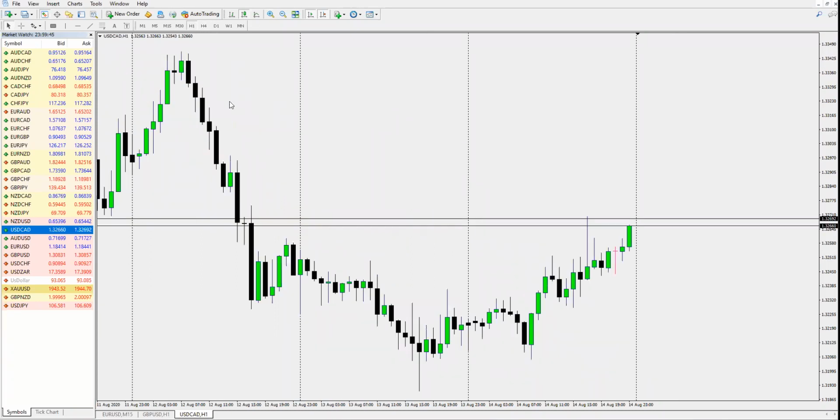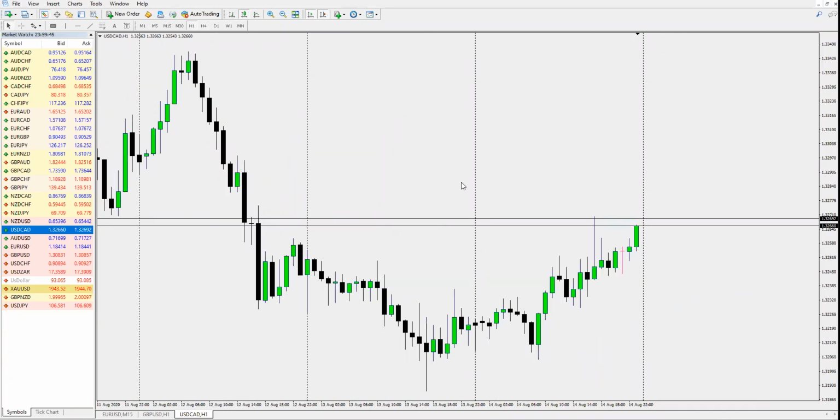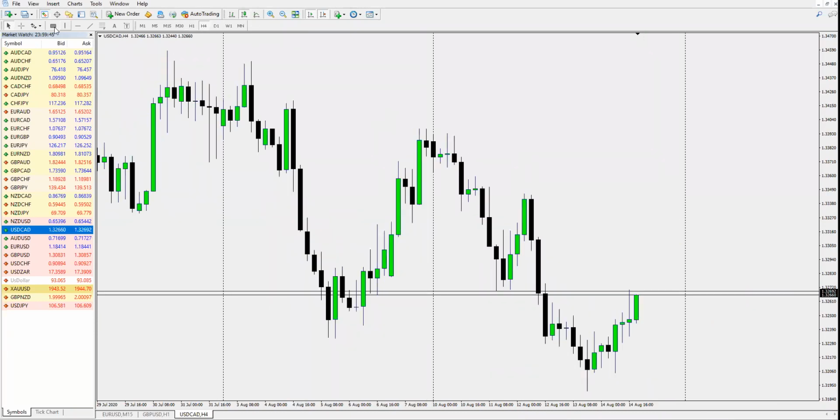So if we look at USD CAD on the 4-hour chart, this area over here, you will see that there are two bullish candles next to each other. Now, that is not normal price action because there needs to be an equal high or an equal close of where the candles close.